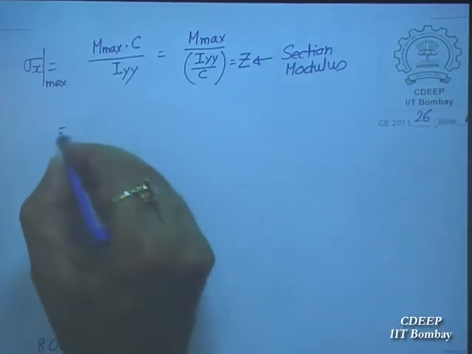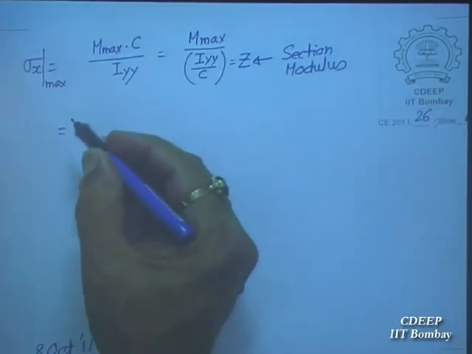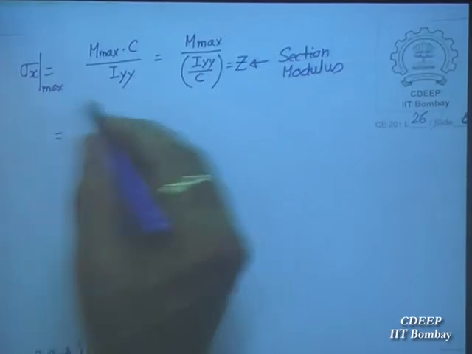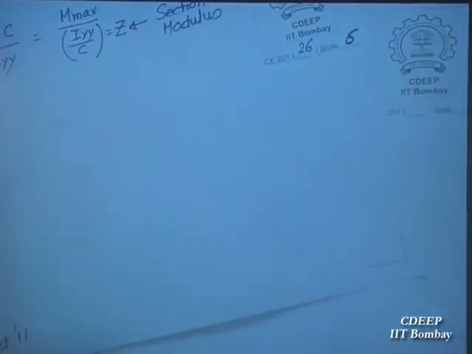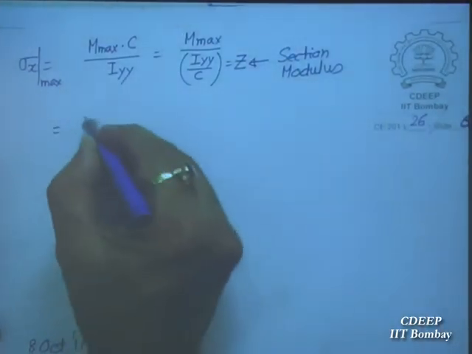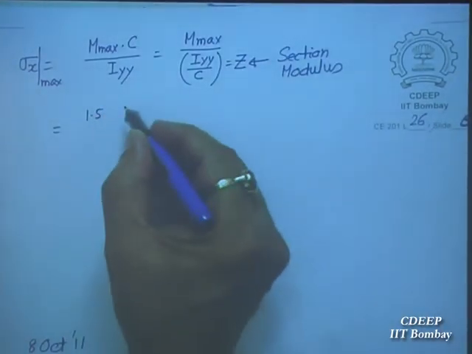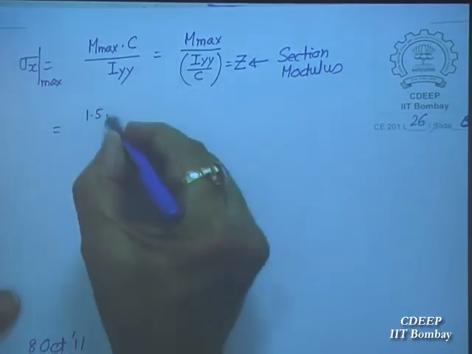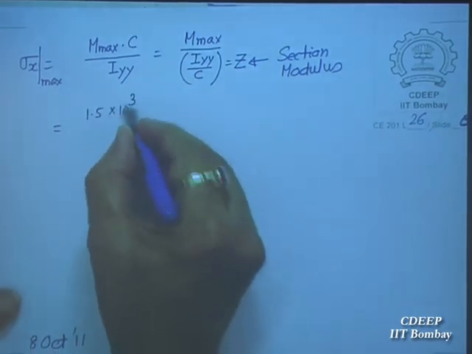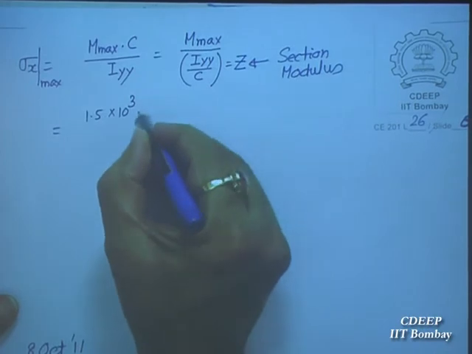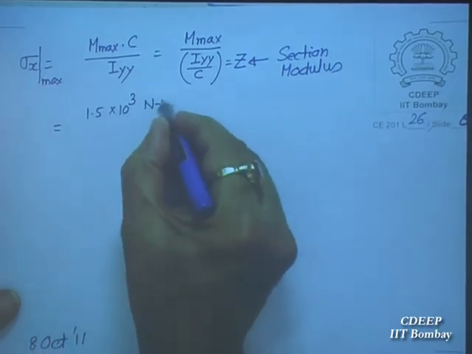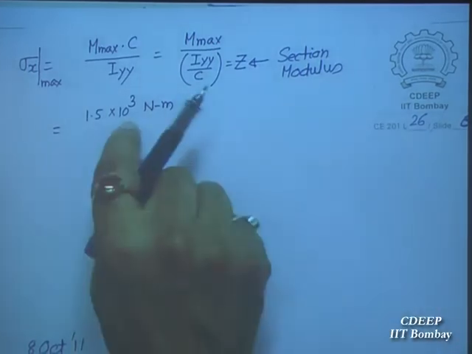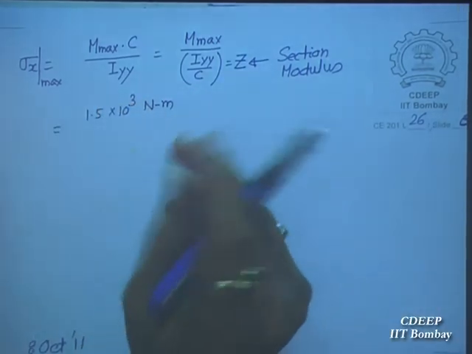So in our case it becomes 1.5 into 10 to the power of 3. The moment was in kilonewton meter, so I am making it Newton meter, multiplied by 10 to the power of 3, is it okay?